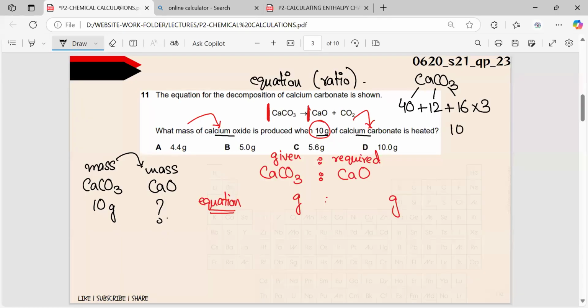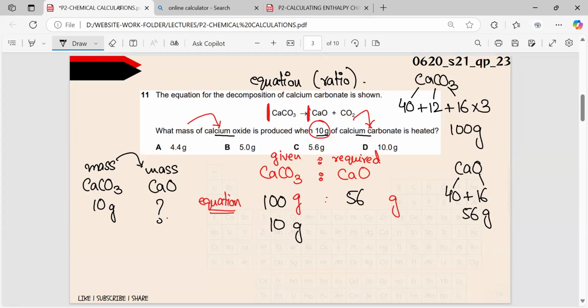So the mass of calcium carbonate is 100. Let's find out for calcium oxide. Calcium is 40 plus oxygen is 16. 40 plus 16 is 56 grams. So according to the balanced chemical equation, 100 grams of calcium carbonate gives 56 grams of calcium oxide.